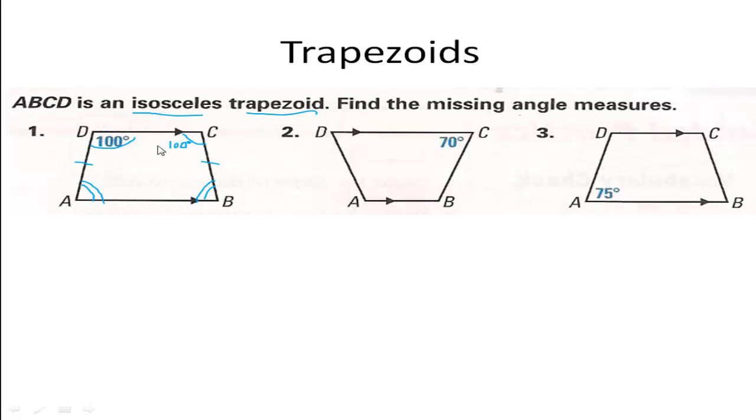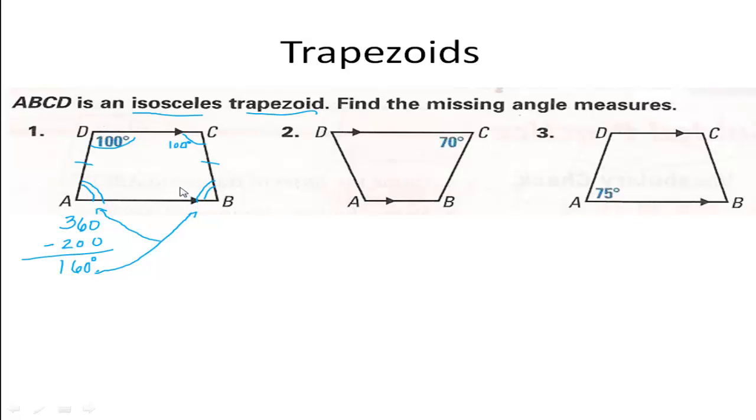So if I already have 200, I can take 360 minus 200 that I've already used, and I have 160 left. Now this 160 I have to share between these two. And I have to share them equally because they are equal.